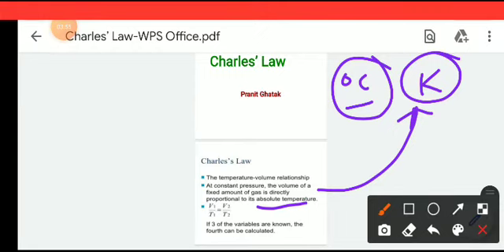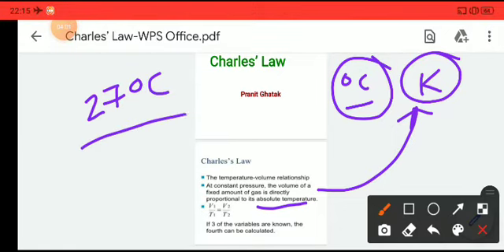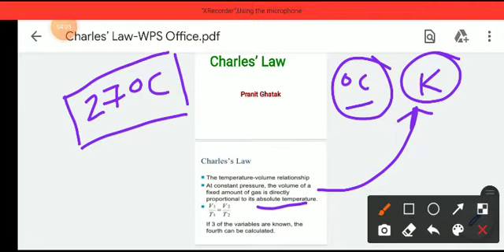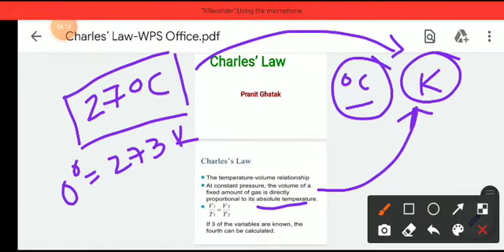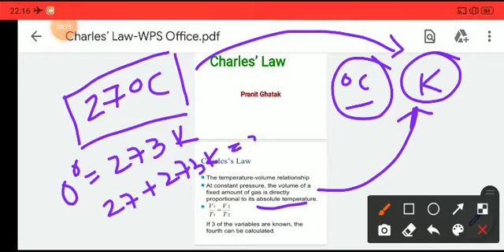Suppose 27 degrees Celsius is given. To apply Charles Law we have to use the absolute temperature, so we have to convert it to Kelvin. We know 0 degrees Celsius is equal to 273 Kelvin. So 27 degrees Celsius means 27 plus 273, that is 300 Kelvin.